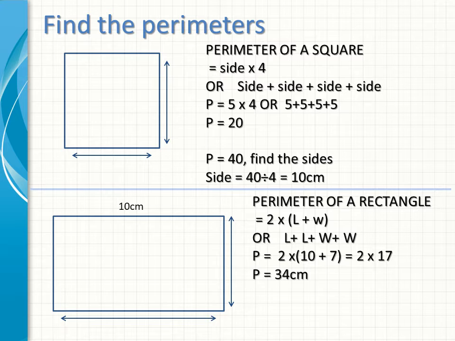Since we know that the sum of all the sides of the rectangle is 34 and opposite sides are the same, it means 10 plus 10 is 20. We have 10 already, so let's add the other side, which will give us 20. Now we are looking for the width, the two sides of the width.